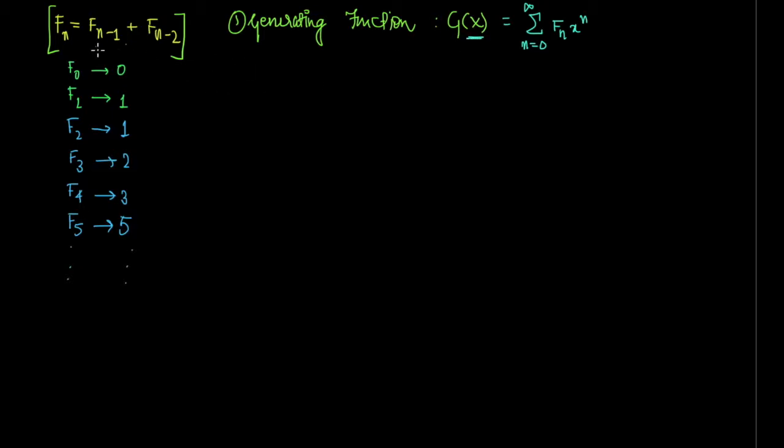Now what we notice is that we can employ this formula to expand this out. But note that this recursive formula is only valid for n greater than or equal to 2. And why is that the case? Because, remember, for a recursive relation, we need a few numbers before.